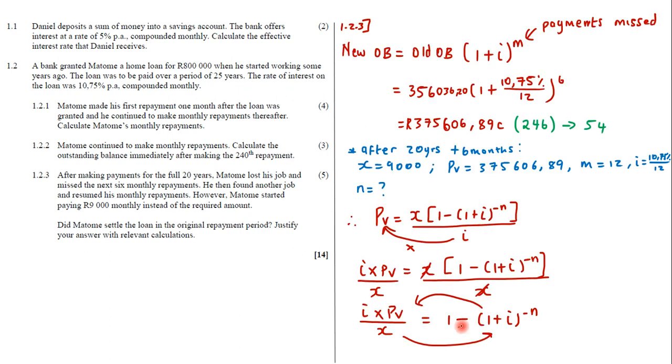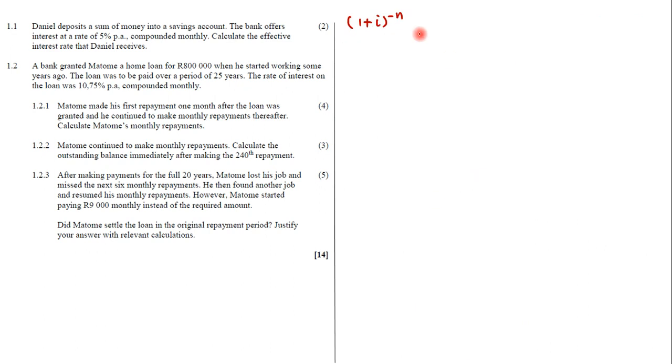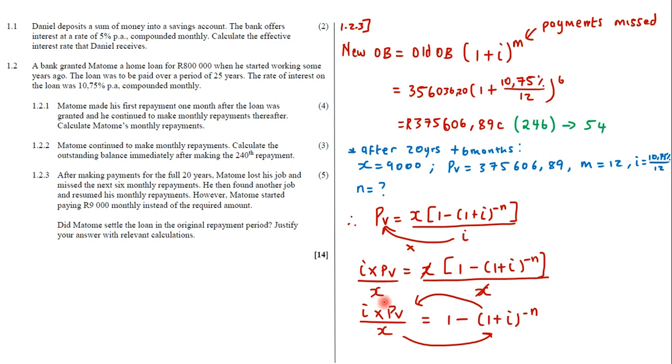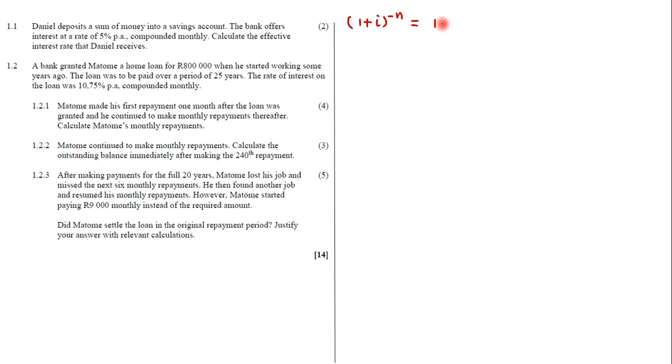Remember it was negative here, so when it goes across, the sign becomes positive. And on my left hand side I had 1, so I take this one across, so it becomes negative. Hence I have 1 minus i times PV over x.